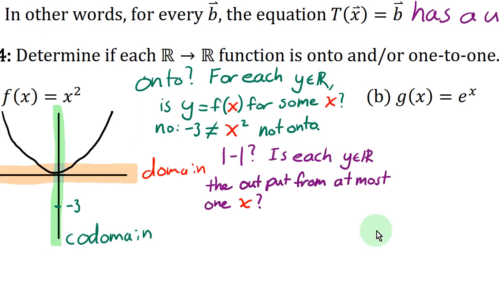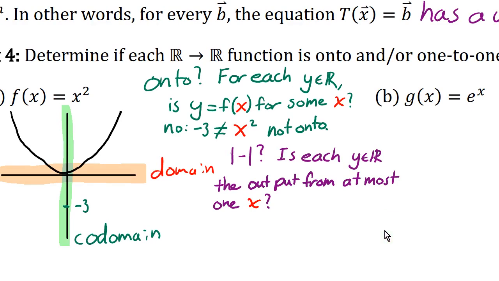If you take a y like 4, for example, 4 is equal to 2 squared, and 4 is also equal to (-2) squared.